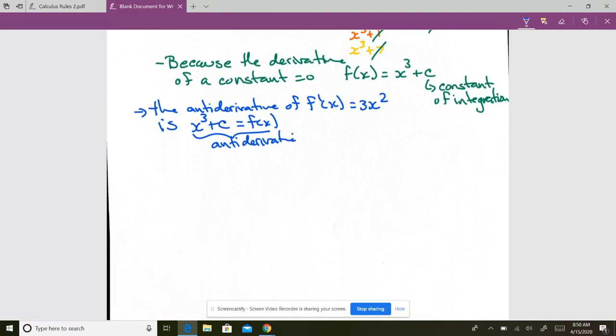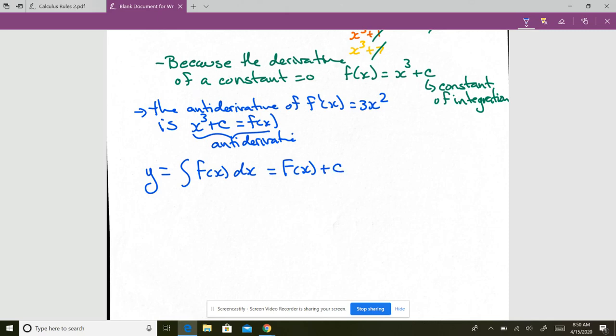All right, now there's a mathematical way to write this. We say y, or we could write f of x, is equal to the integral. This is a general form, so this f of x is different. dx is equal to capital F of x plus c.